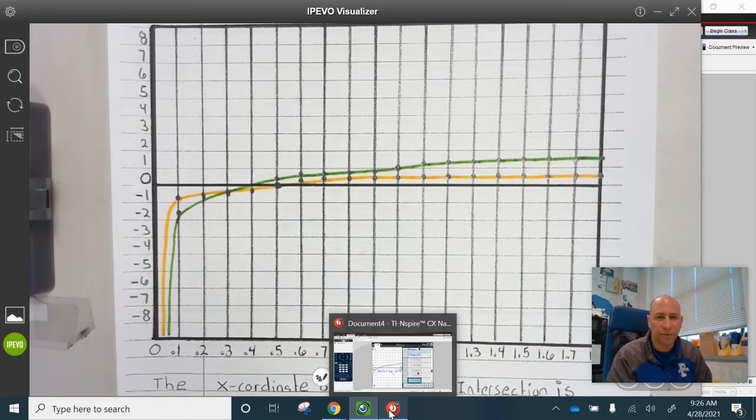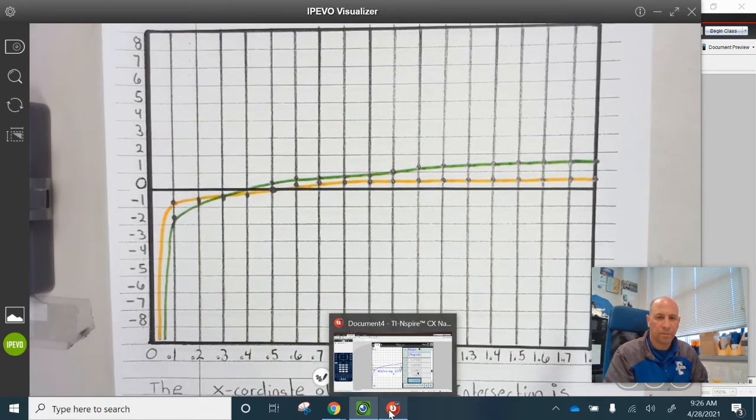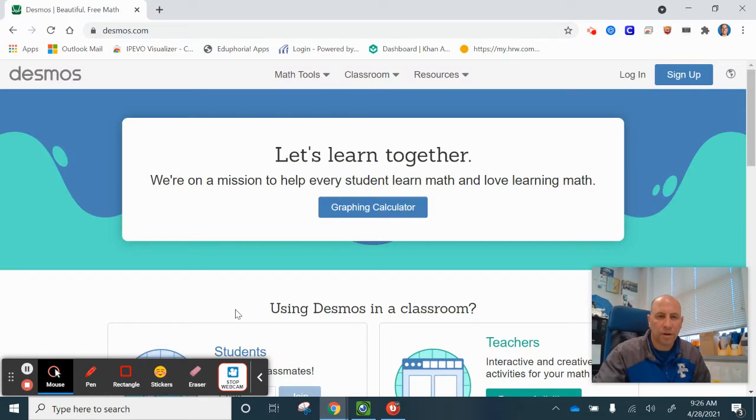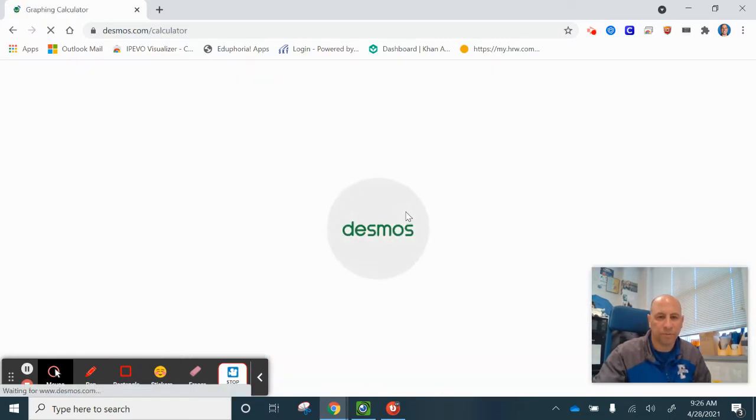All right. As you can see, finding the point of intersection by hand is somewhat difficult. So take a few seconds to finish that graph. All right. Now we're going to use Desmos to find the exact point of intersection.